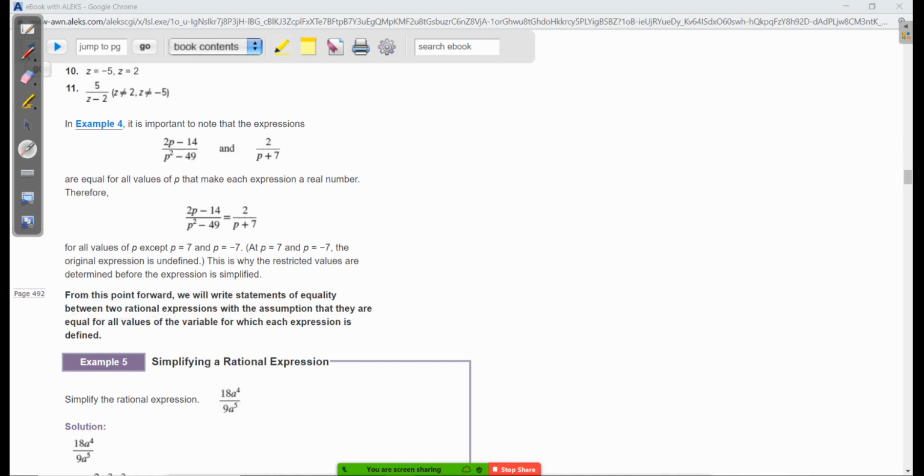Okay. Can I dumb that down into any non-math terms here? No, not really. Alrighty, so let's jump to example 5.